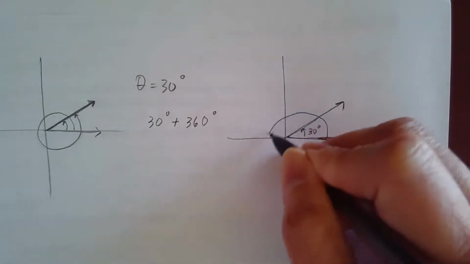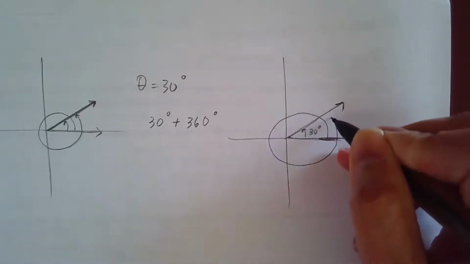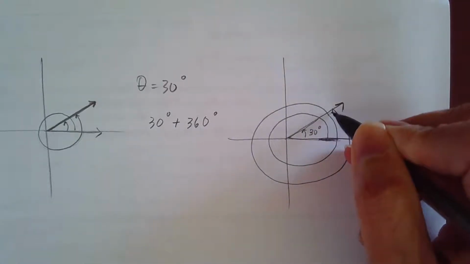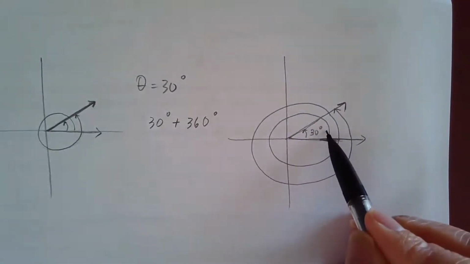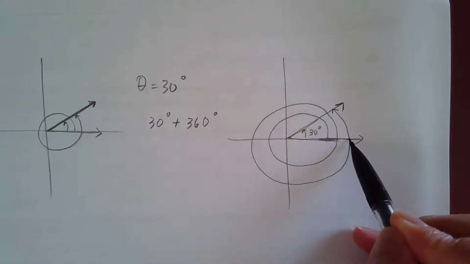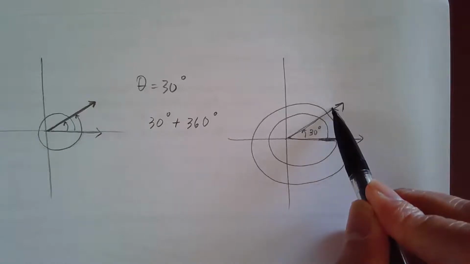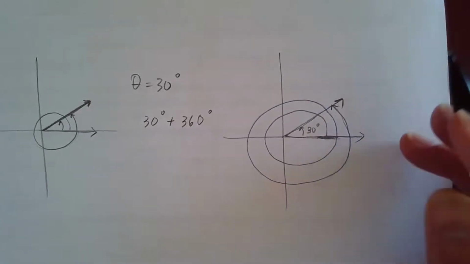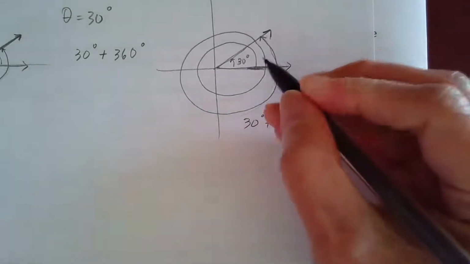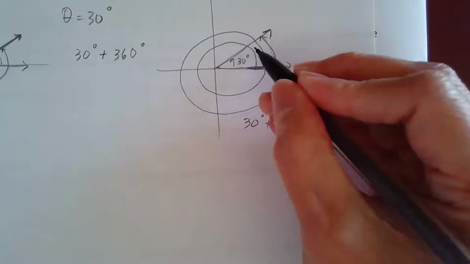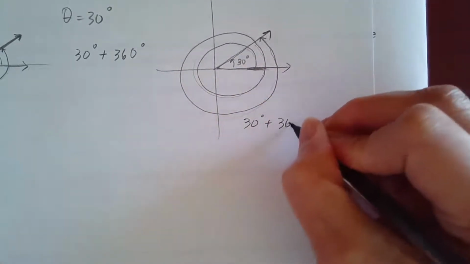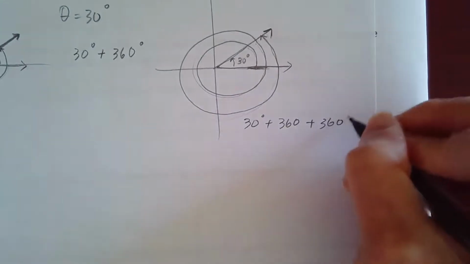And I go around 1, 2. How did I get to that one? I went around once, twice, and I did 30 degrees more. I landed on that same place. So I went 30 degrees right there, plus 360, plus 360.